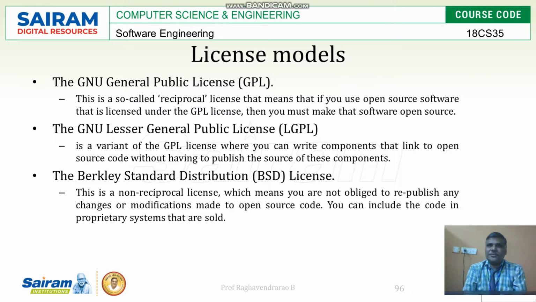It is similar to GPL and is called reciprocal licensing. The license applies to the components that link to that open source code, so by clicking the link, GPL gets activated.